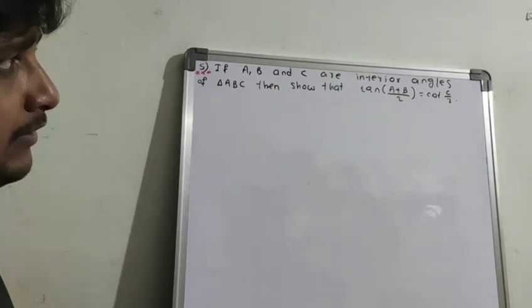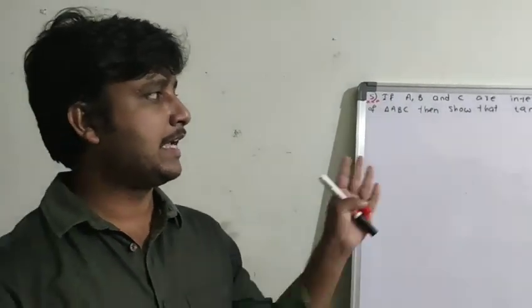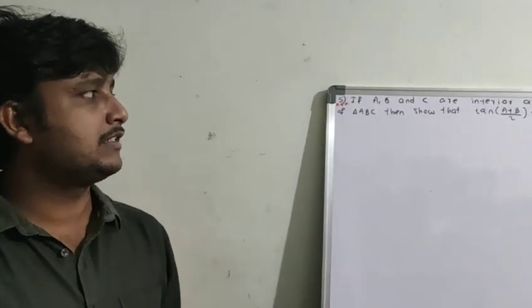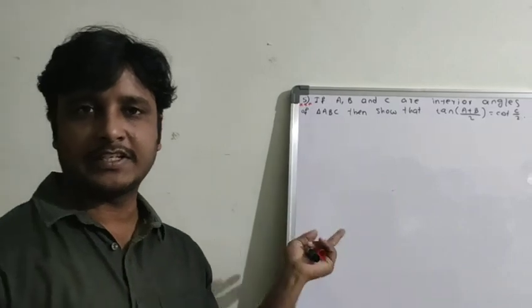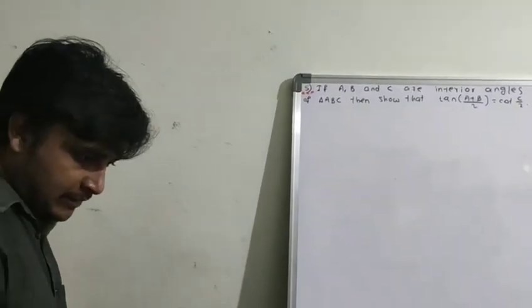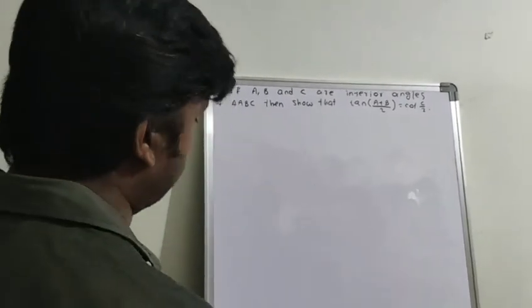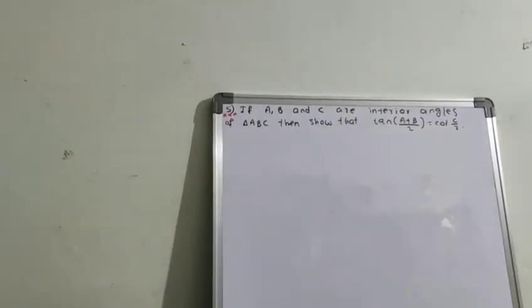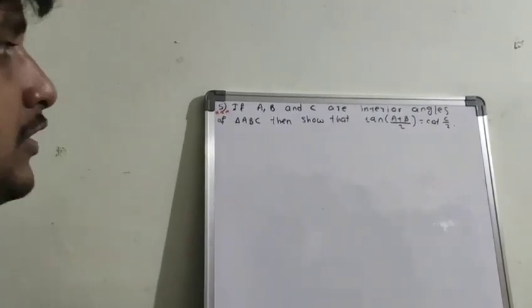The ratios are not fixed: it may be sine or cos, tan or cot, cosecant or secant, any combination, but the model is the same. So if A, B and C are the interior angles of triangle ABC, then show that tan (A plus B) by 2 equals cot C by 2.